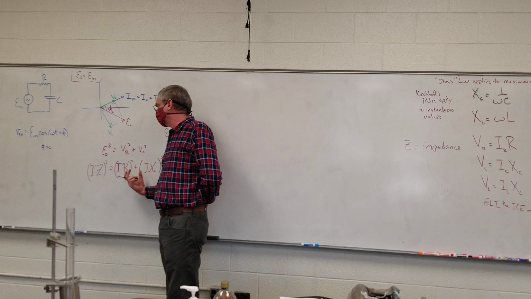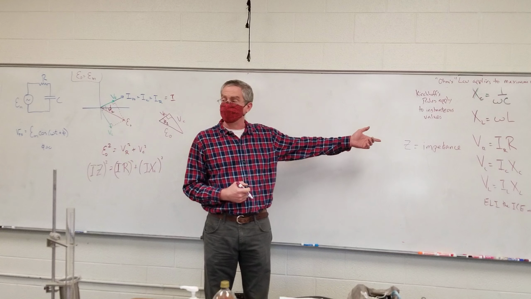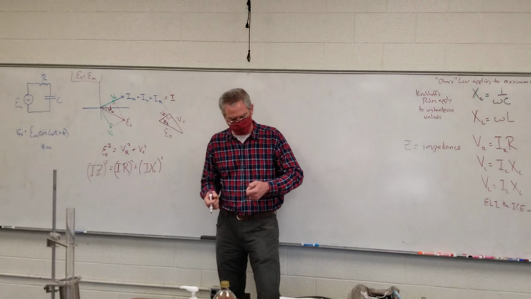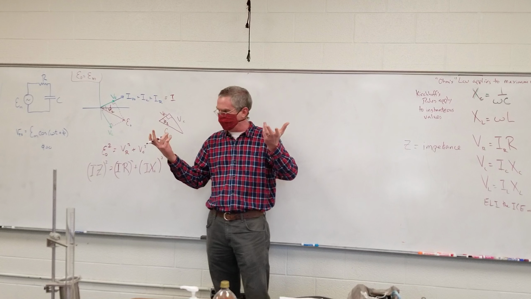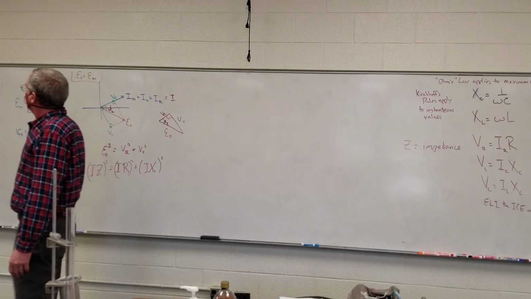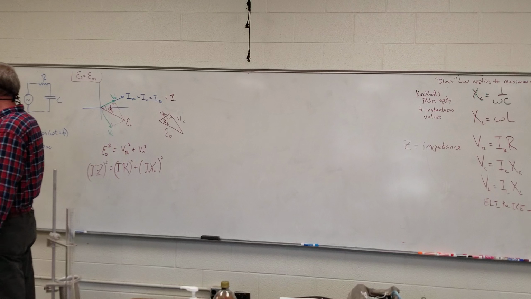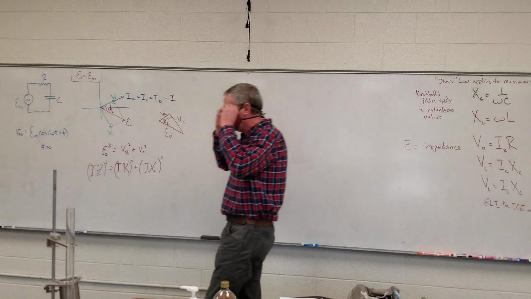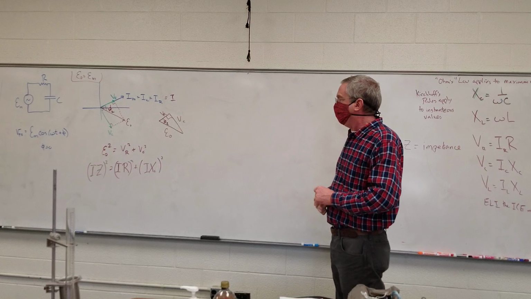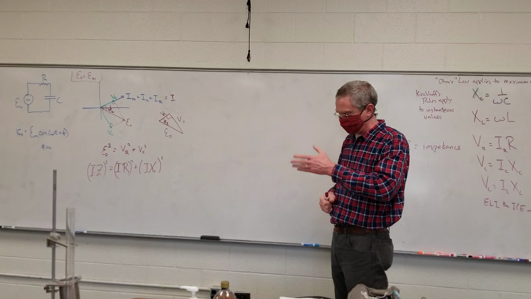First off, notice I have not written down a formula for impedance. If you go to the summary section of chapter 22, whatever chapter we're on, we've done the homework quiz on 22, so this will be chapter 23. They will give you a formula in the back of the book, or in the summary section.